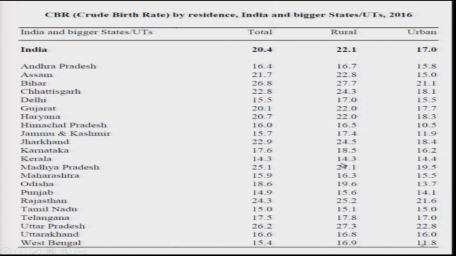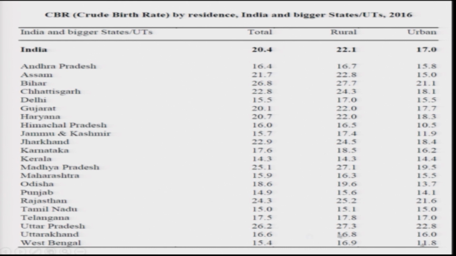In Kerala, in both rural and urban areas, crude birth rate is 14.3 or 14.4, almost same. But in Bihar, rural areas have a crude birth rate of 27.7 and urban areas have a crude birth rate of 21.1.